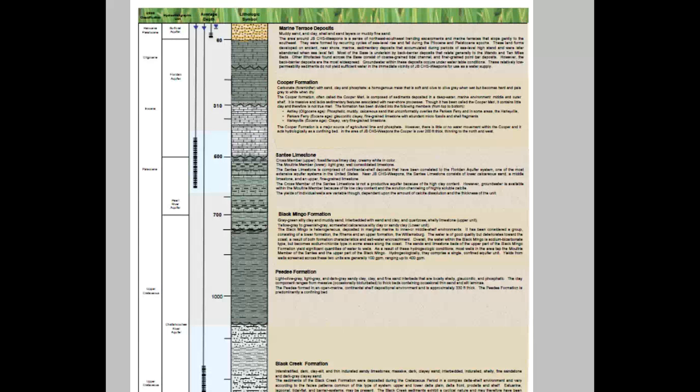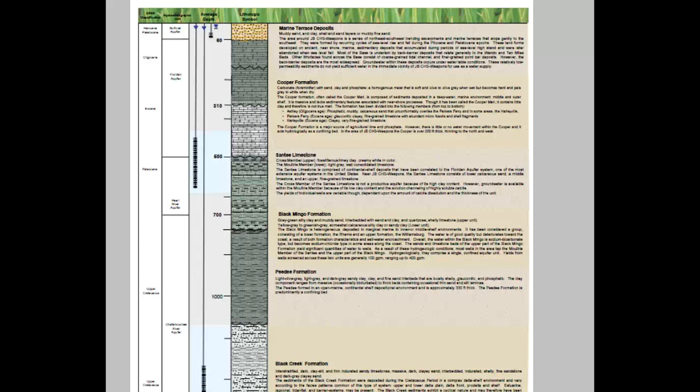And underlying that is a formation called the Black Mingo. All these are marine formations, obviously limestone is. And the upper part of that is actually a pretty good aquifer. And below that it gets tight, and then there's the PeeDee formation, which is a clay confining bed.